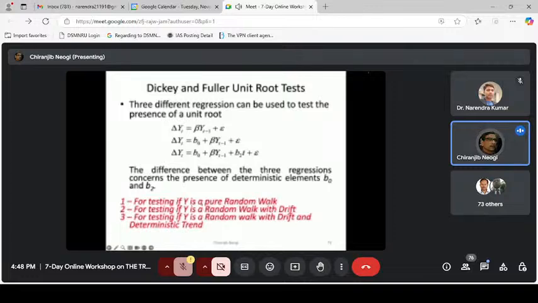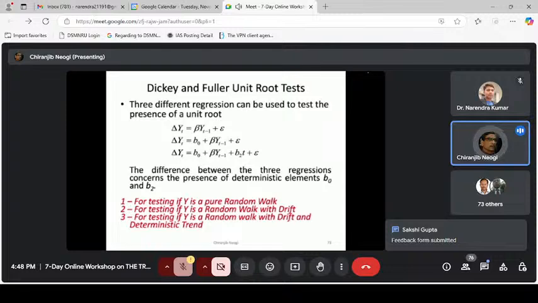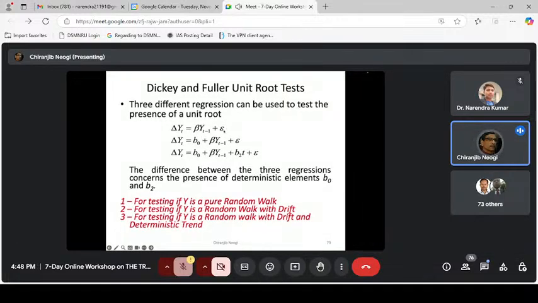For testing if Y is a pure random walk, if beta is equal to 0, then the first part will be 0 in this equation, so delta yt is equal to epsilon t, so it is a pure random walk. The first one is for testing a pure random walk.